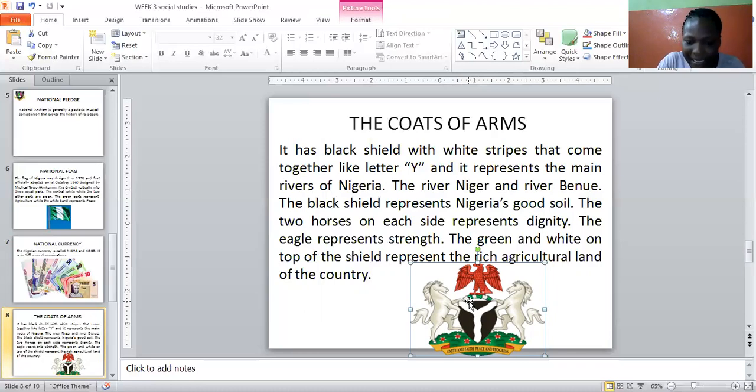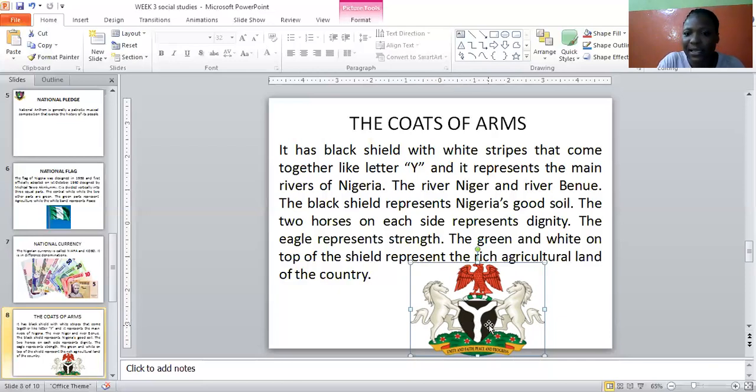Can we look at the coat of arms again? The two horses represent what? Good, dignity. The white that looks like Y represents what? The confluence, the main rivers of Nigeria. The black shield represents what?